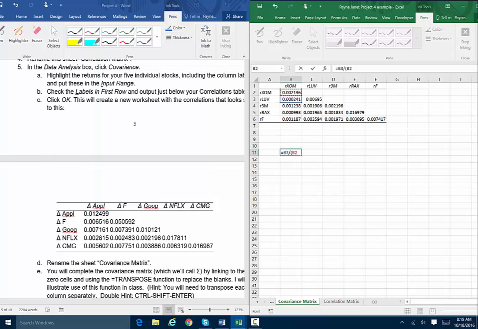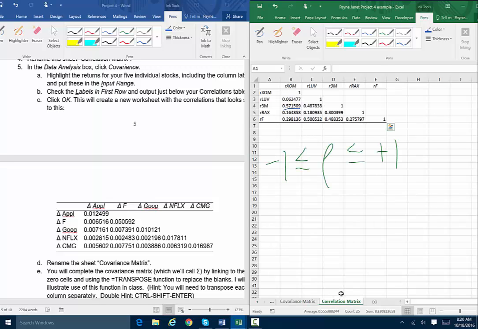So I'm going to have to take the square root, because that's the variance, 0.5 times the variance of Love, and that's equal to the correlation between Love and ExxonMobil. 0.62477. Let me write that so you know what it is.